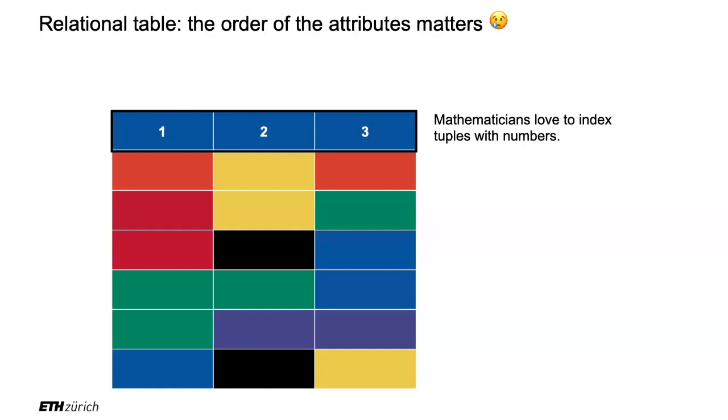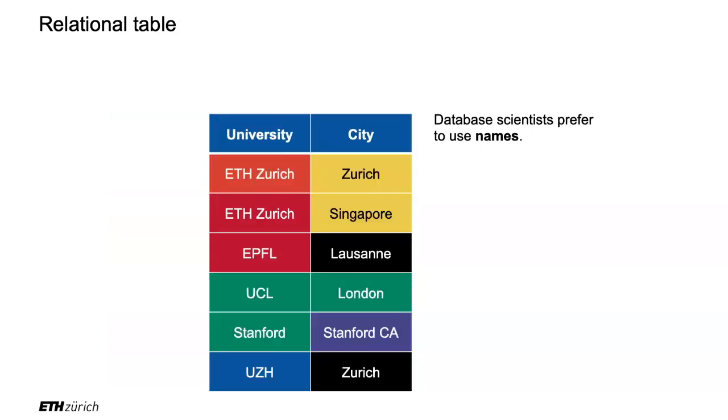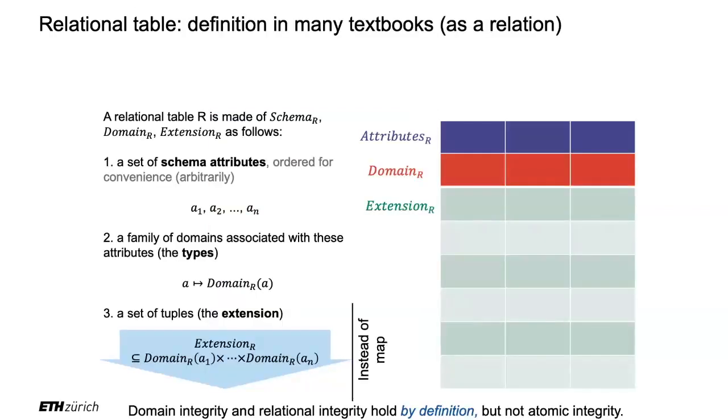So I have another definition that I'm going to give to you that is actually a bit simpler, and it's even a definition that is forward compatible with big data, right? And that would give us relational tables where the columns actually have names, called headers also in some situations. Okay, so if you read a database textbook, this is what you will find. They will tell you a relational table has a schema.